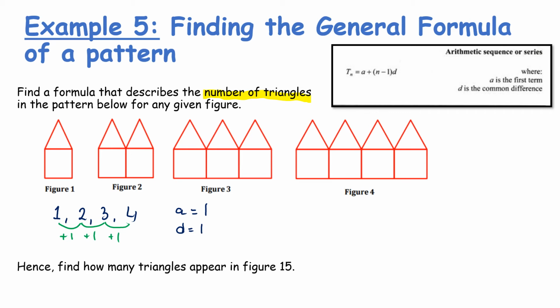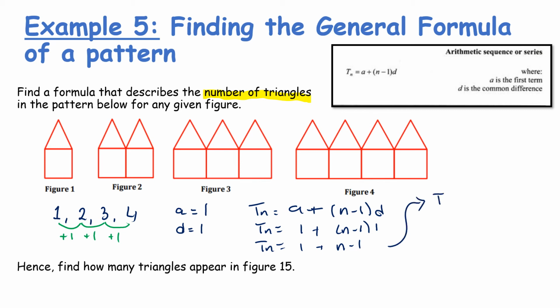I say Tn is equal to a plus n minus 1 times d. So Tn is equal to 1 plus n minus 1 times 1, which is 1 plus n minus 1. So my Tn is simply n.